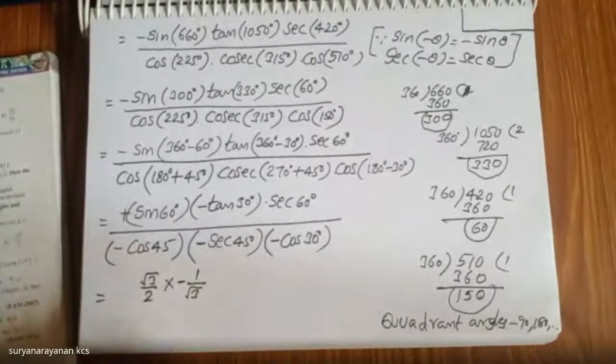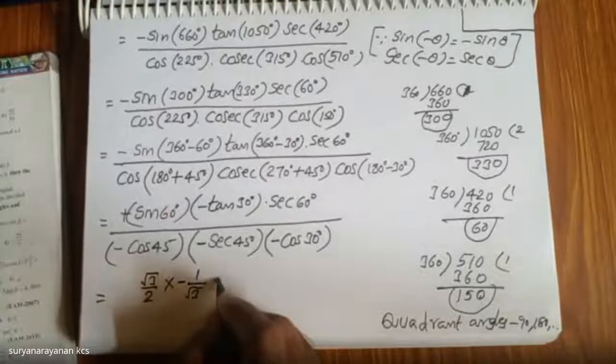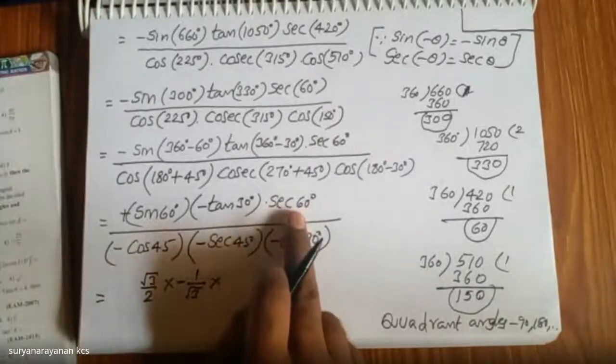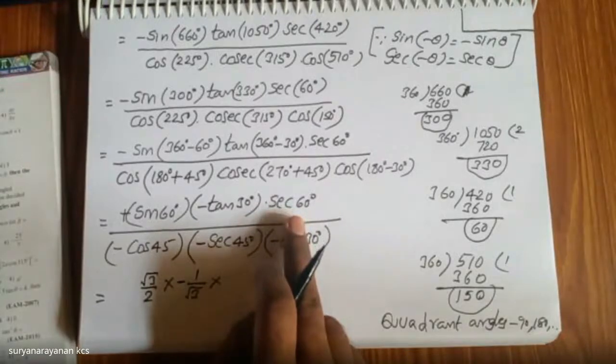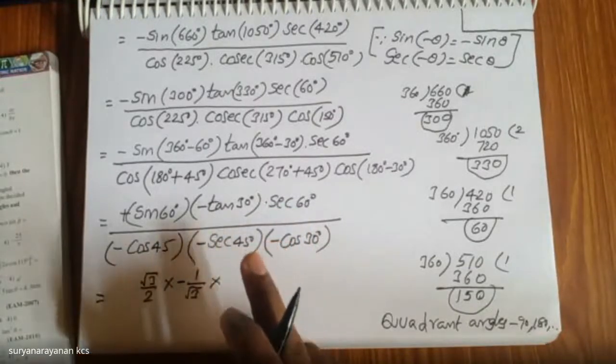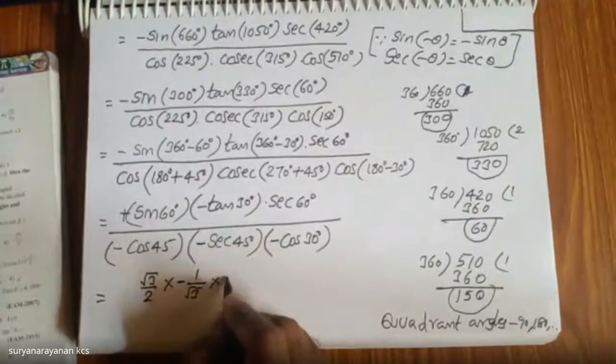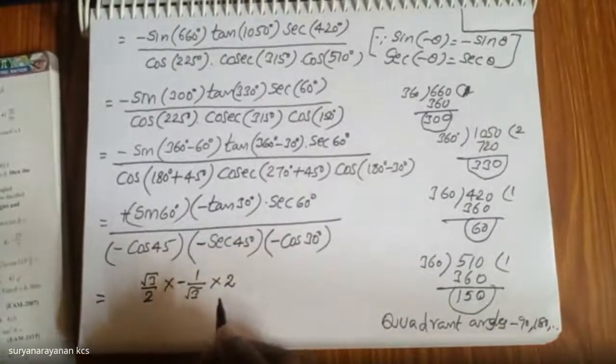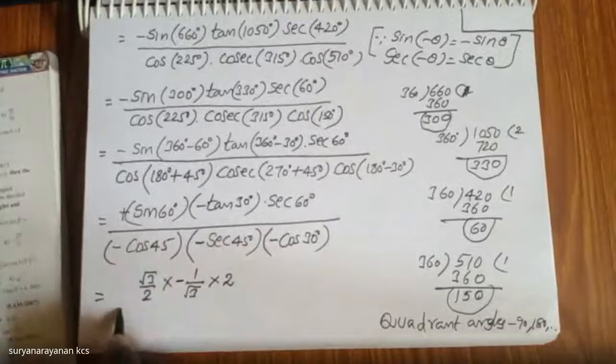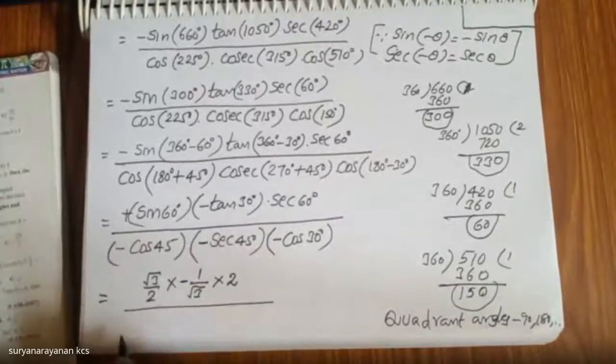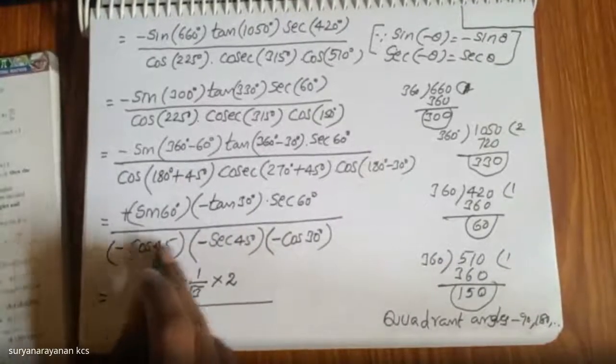You have to remember these values as you are going to write IIT. You must remember these values. Into secant 60 degrees, means reciprocal of cos 60 degrees. What is the value of cos 60 degrees? 1 by 2. So its reciprocal is 2, whole divided by minus cos 45 degrees.